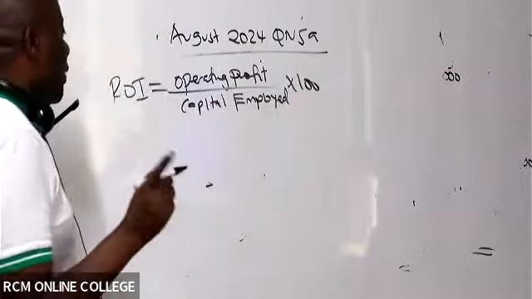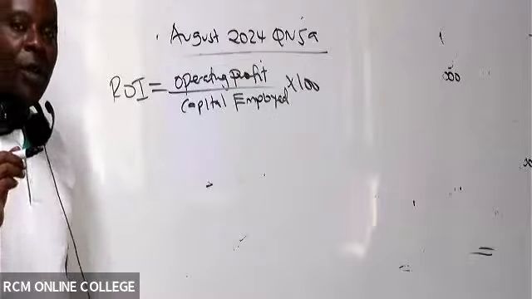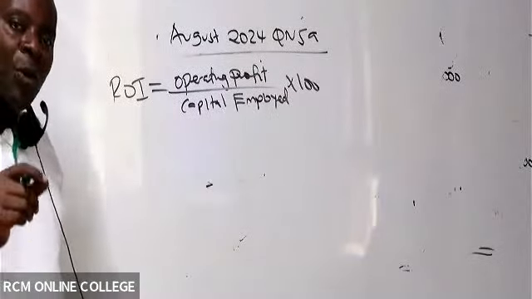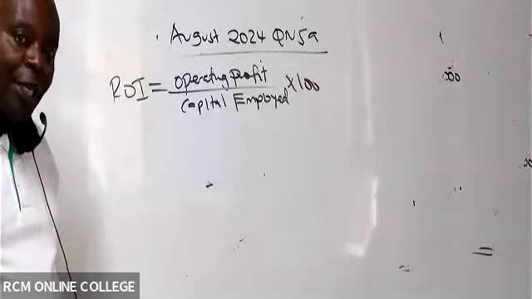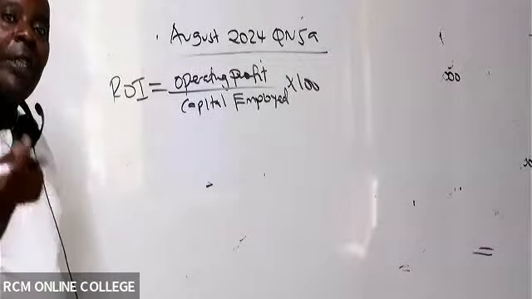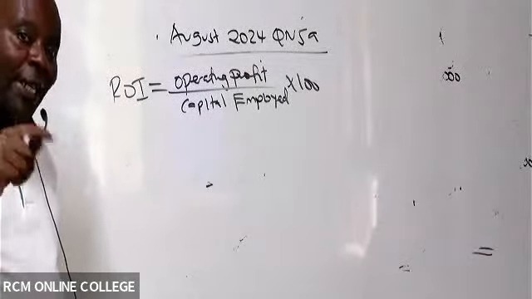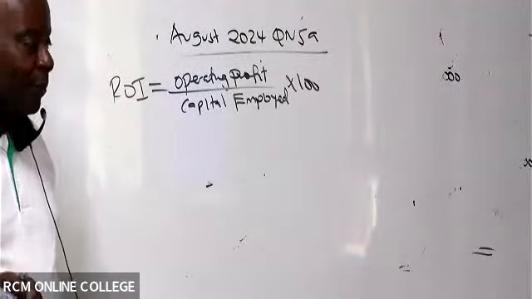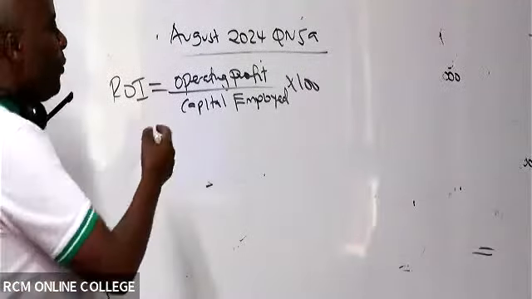Remember, we have 2 types of return on investment. We have the operating ROI, where you use operating profit, and we have the net ROI, where you use PAT, profit after tax.